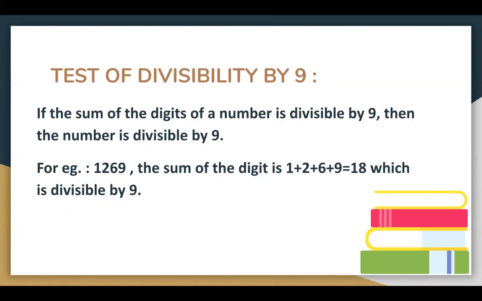For example, in the number 1269, if we take the sum of the digits, that is 1 plus 2 plus 6 plus 9, you will get the sum 18, which is divisible by 9. Therefore, we can say 1269 is divisible by 9. Let's study the next test.